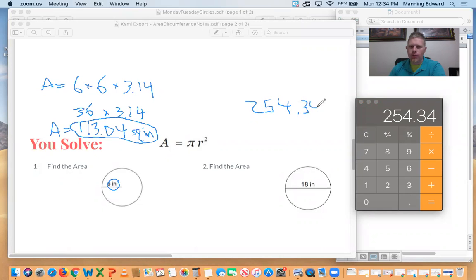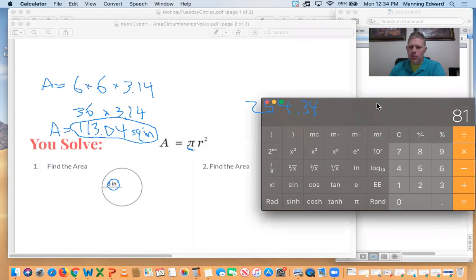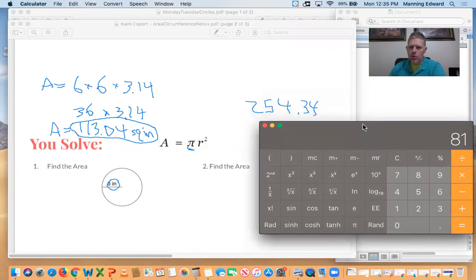254.34. I think I might be wondering, well, what if you just use the pi symbol instead? Well, let's try that. Let's see what happens if I do that. So this is with the 3.14. What if I did 9 times 9? I still get my 81, but this time I'm going to times it by pi.